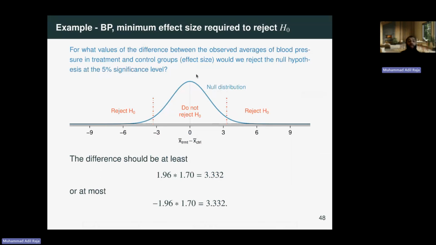So for any new value, for instance, you do a new experiment and you take 100 samples each for the treatment and the control group, and if their difference in blood pressure reading comes out to be either less than minus 3.332 or greater than 3.332, then we say that the drug now has an effect, either a positive one or a negative one, right?